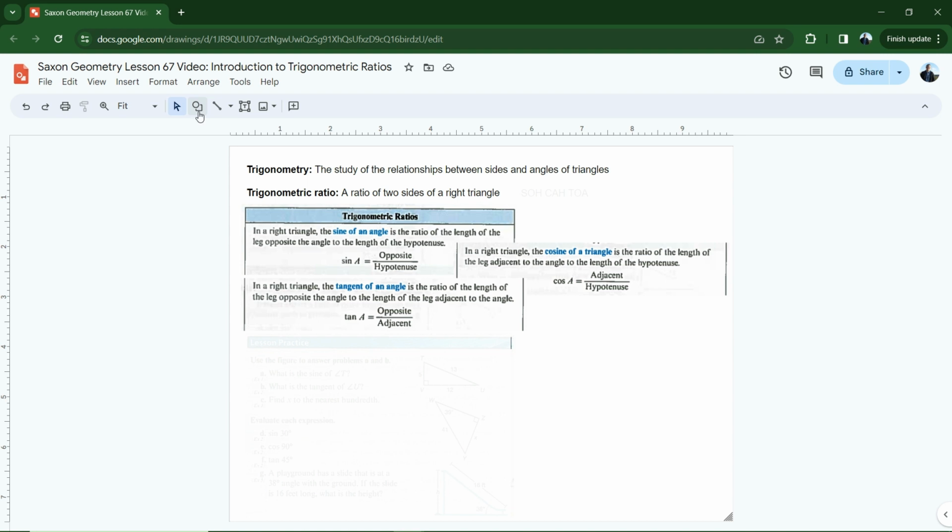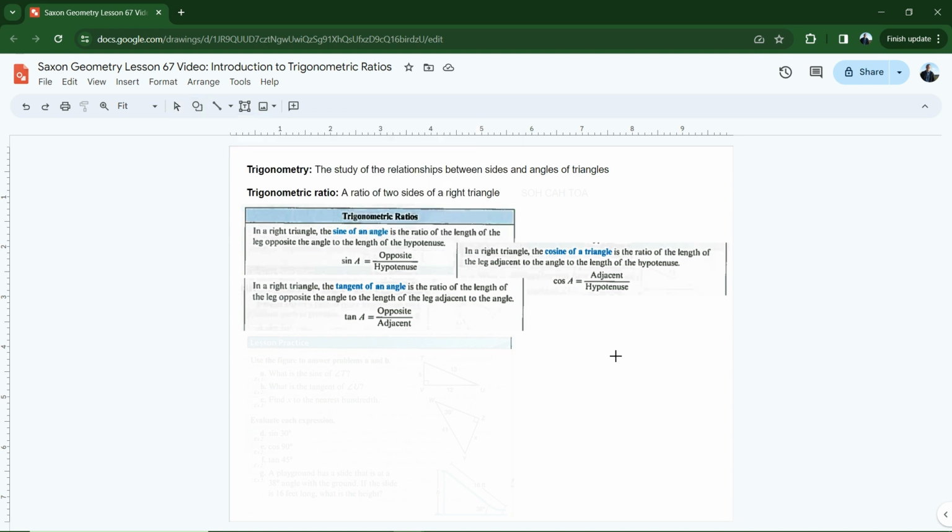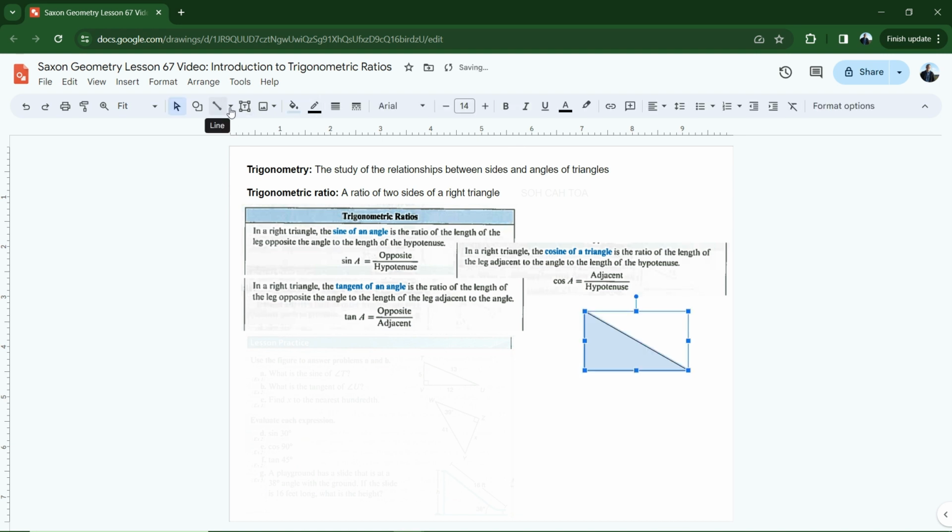So let's draw a right triangle, and we're going to take a look at what these different ratios mean for a right triangle. So let's say that I am going to take a look at angle A. By the way, when I say the sine of A, I'm talking about the sine of angle A in this triangle. And let's say that this particular triangle has a 22-degree angle here.